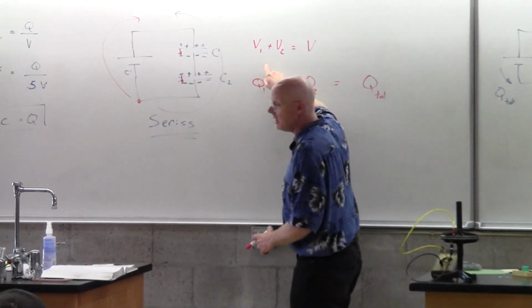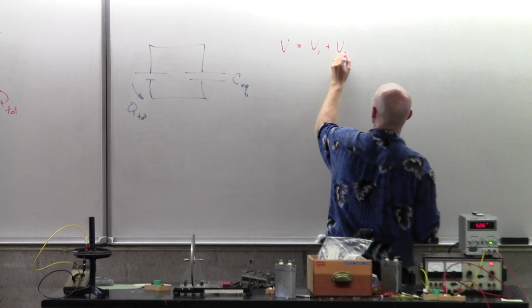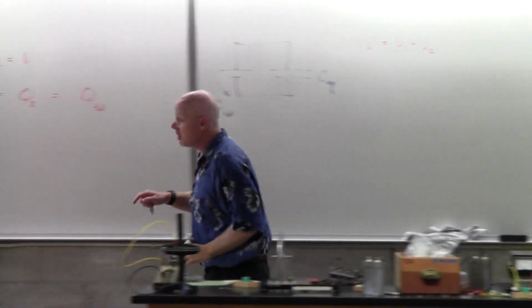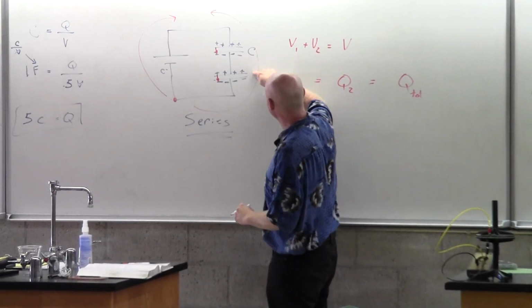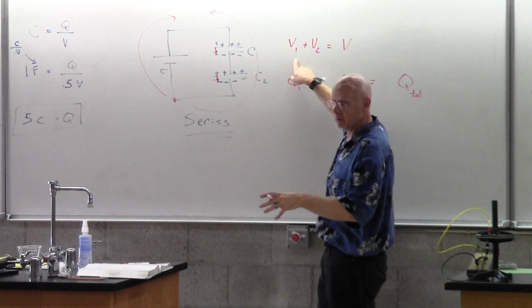Well, this is kind of the key. Voltage is V1 plus V2. So notice the voltage on each of these capacitors is less than the 5, less than the total.